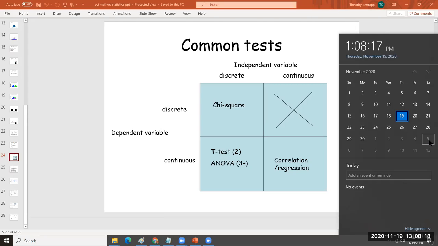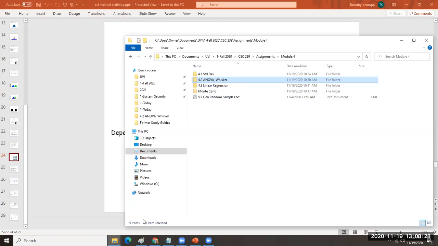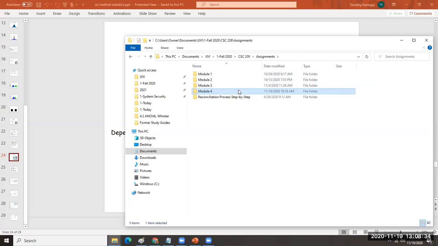Now, I mentioned this. I said for your solution, you'll have a choice. Did everybody hear that? For the solution for Module 4, you can choose either a Monte Carlo simulation or some data mining.